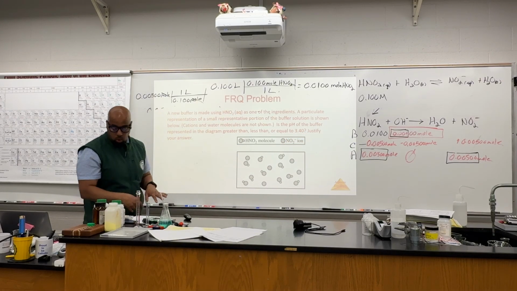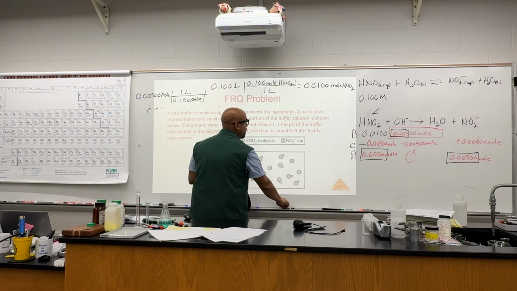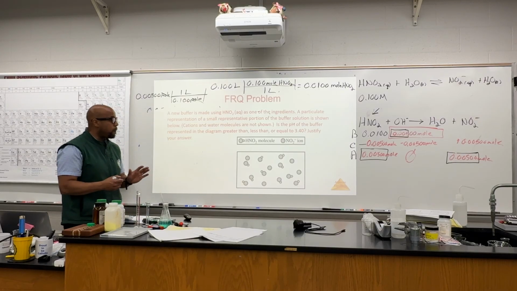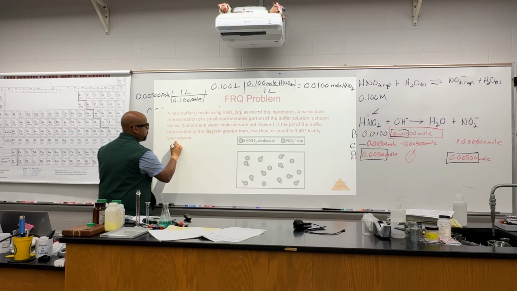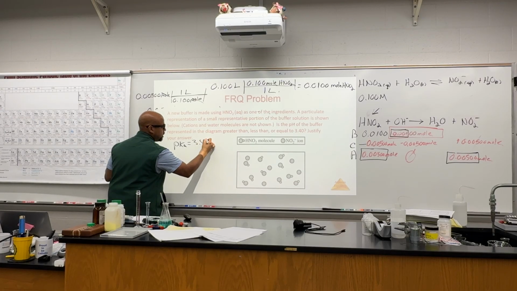Remember, they already told you that the pKa for this thing was 4.0. So what I can do here is look at this a couple of different ways. So pKa is equal to 3.40.